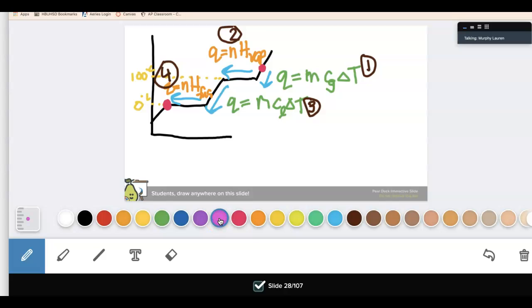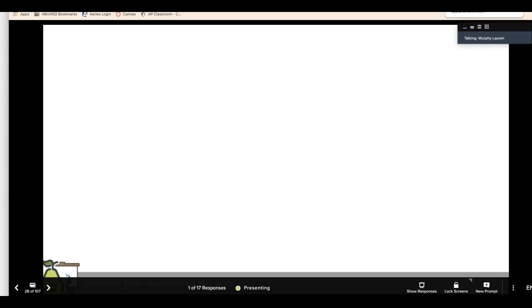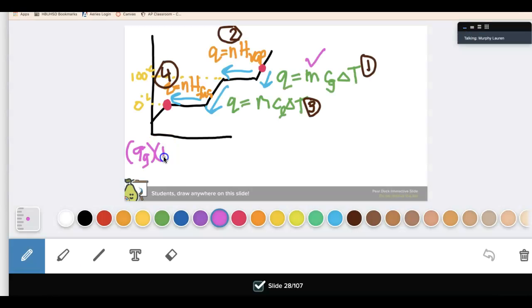Was it 9 grams, I think? Okay. So mass, 9 grams. Specific heat of water vapor, and I don't know that one, so let's see. C of the gas is 1.87 joules over gram degrees Celsius.